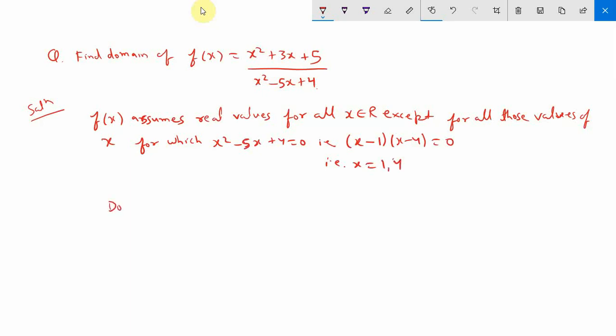So the domain of function f is equal to the set of real numbers excluding these two values, 1 and 4. Okay friends.